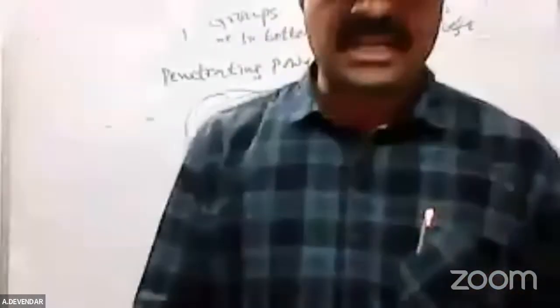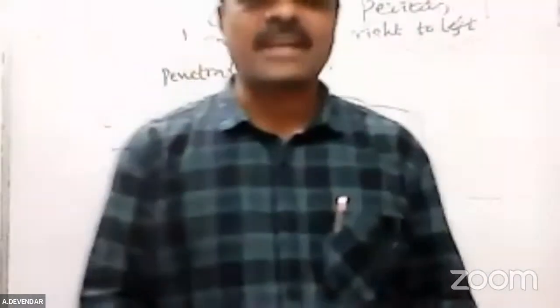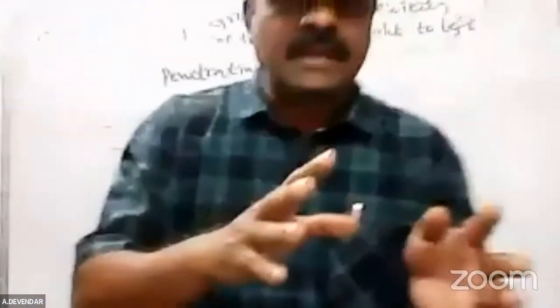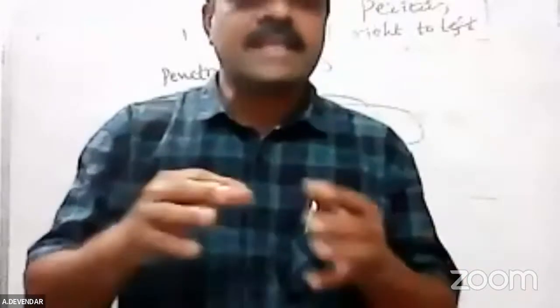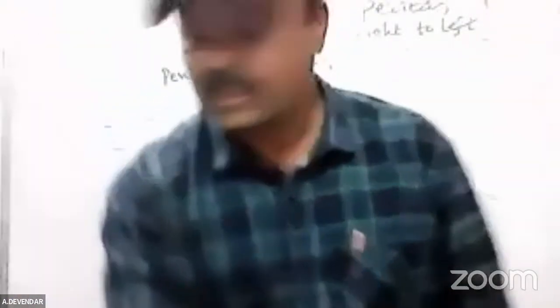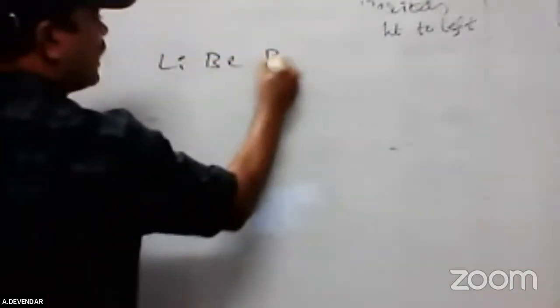Again, the short bits are there. You know about diagonal relationship, and lanthanide contraction. Diagonal relationship, I already told in the very first class. What is that? The first element of the first period resembles the second element of the second period, which is called a diagonal relationship. Lithium, beryllium, boron, like that.